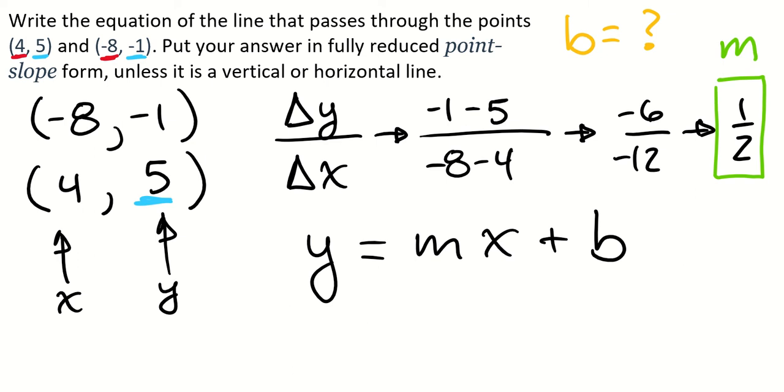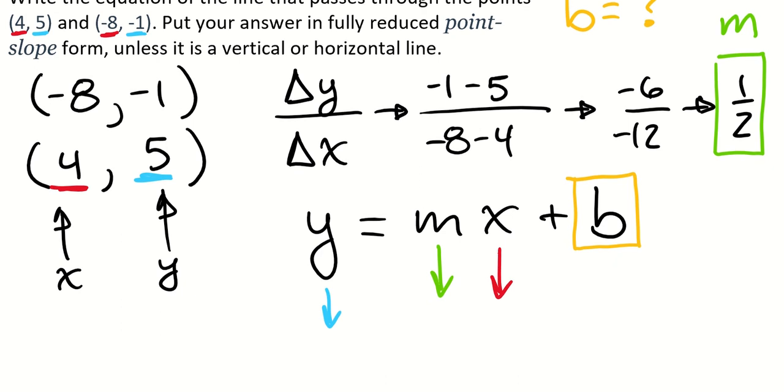But I'm using the y value from my point, and I'm going to use the x value from that point. And I am also going to replace m with the slope value that I found. When I do those substitutions, the only thing I'm going to be left with is my y-intercept parameter, and I'm going to be able to solve for that.